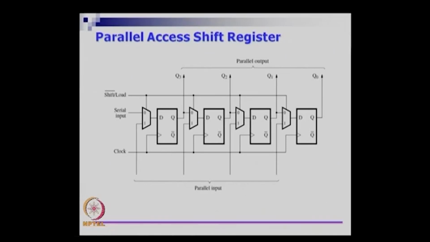So the key thing is a shift register requires n cycles to read the value of a register. If I want to see what are the contents of these 4 flip flops, and if I can operate only in the shifting mode, then I need 4 cycles to see what these bits are. This bit I can see in the first cycle, this bit in the second cycle, this one in the third, and this one in the fourth.